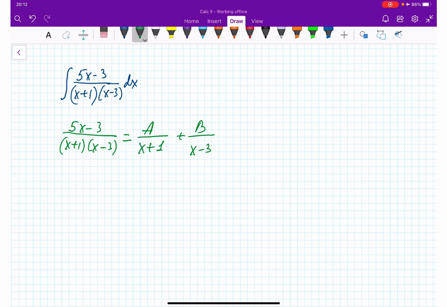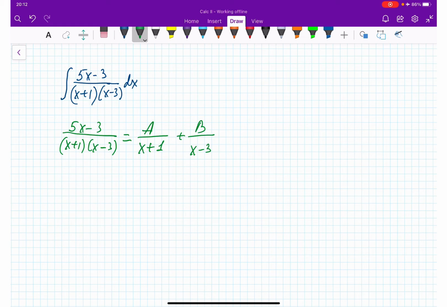So what are we going to do next? We need to find a and b, the value of a and the value of b. To do that, we are going to bring to a common denominator a over x plus 1 and b over x minus 3.